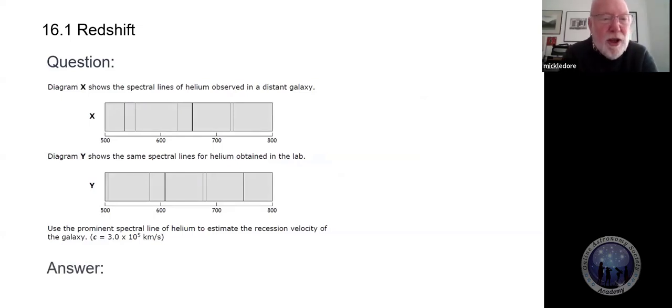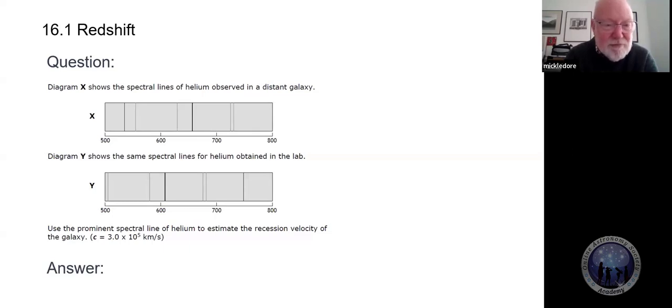Right, here's one where we are shown the spectral lines and we've got to estimate what their values are. The distant galaxy is X, and the normal galaxy, the light from the lines in the lab, is Y. So spectral lines in Y have been shifted to longer wavelengths in the spectrum of X. And we've got, again, to estimate the recession velocity of the galaxy.